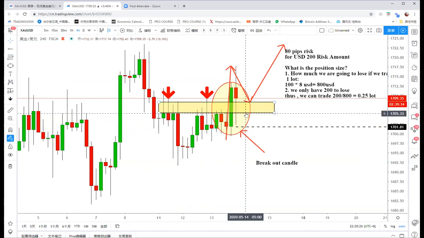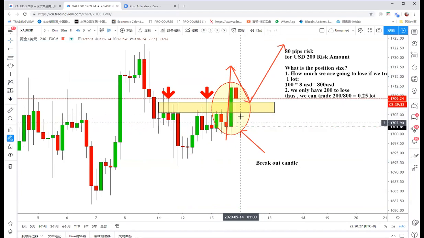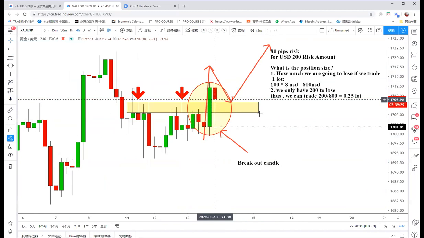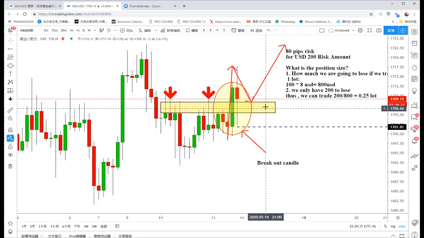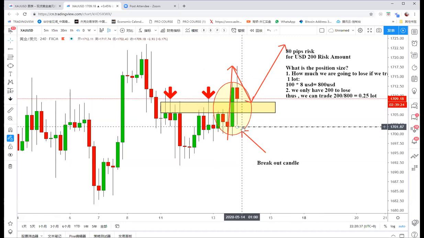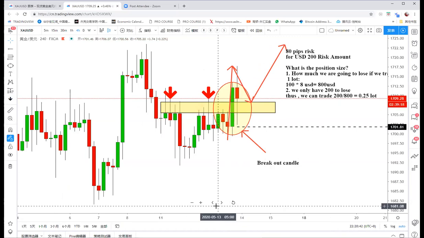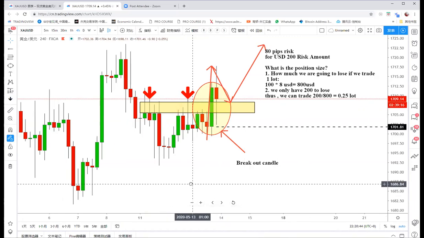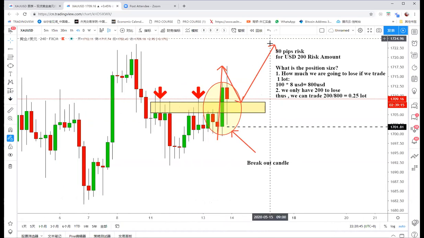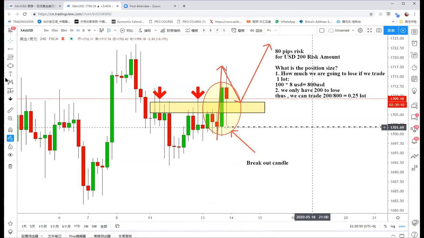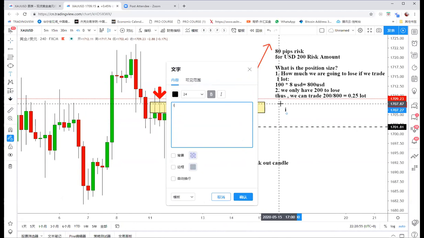Of course, the best place to buy is by the 618. However, due to the price action, it already formed a very long pin bar, so we are going to buy right now and put our stop loss below 1701. Is that okay? Our target will be minimally a 2-to-1 reward-to-risk ratio.